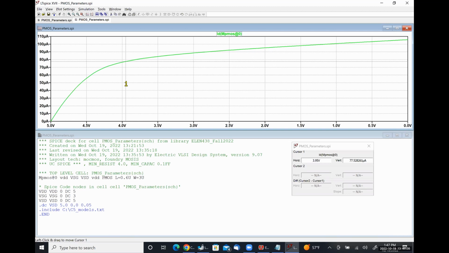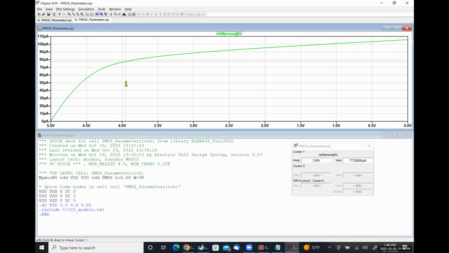This is just 5 volts for VS minus VG at 3 volts minus 0.95 volts, squared, times 1 plus lambda VSD.